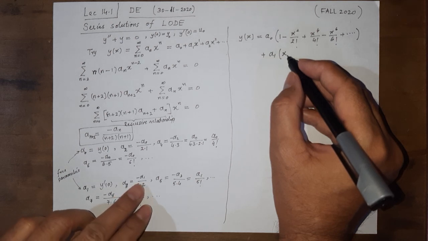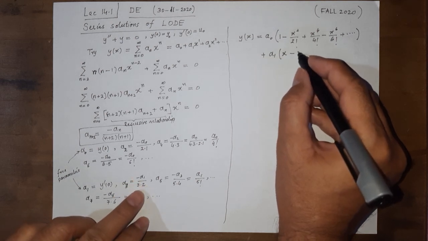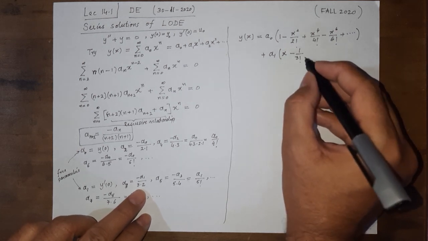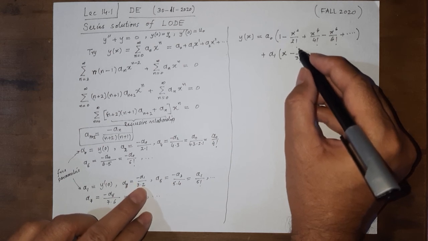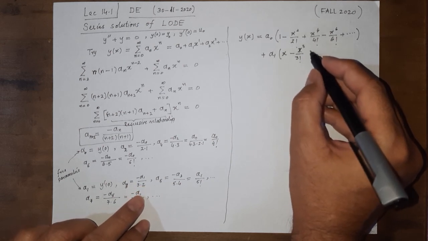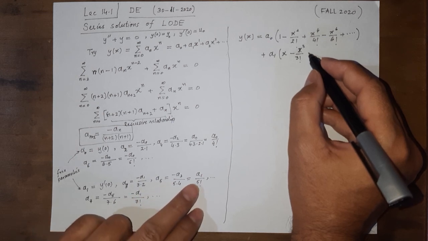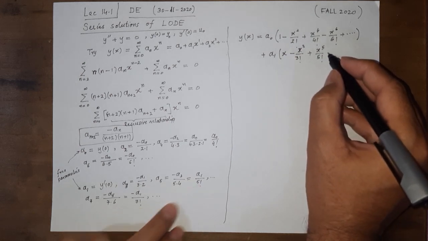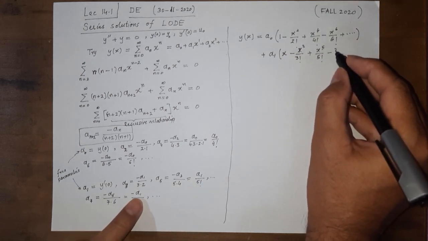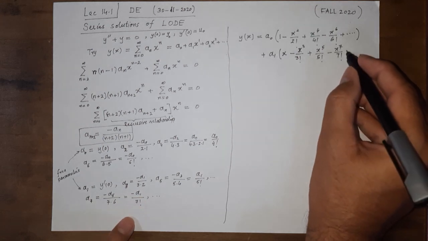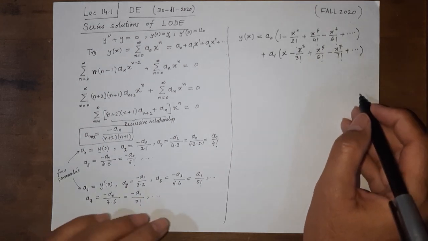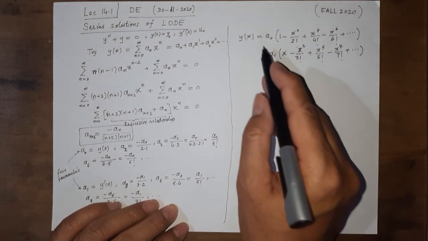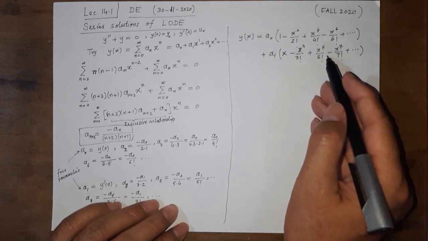The second term, with a3, would be minus x cube over 3 factorial, and then the a5 term, plus x5 over 5 factorial, minus x7 over 7 factorial, and so on. So we get the solution y of x in terms of two infinite series, or two power series, or Taylor series.